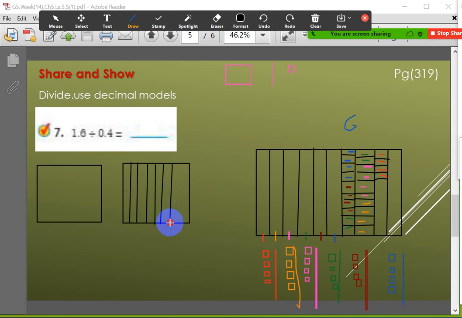I have here 6 longs, and here I have 10, of course. Okay, I will divide it.